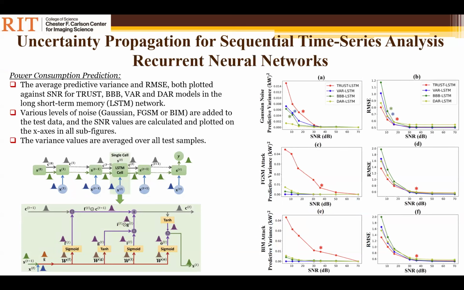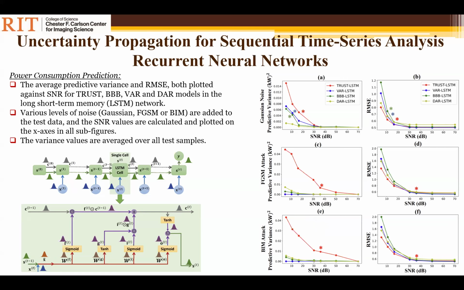Most of the experiments that we talked about were on imaging data, where we have convolutional neural networks. So here we wanted to extend the work to sequential data, where we use long short-term memory, which is a type of recurrent neural network with a gate structure. The dataset was for power consumption and prediction. We ran similar experiments, except that here we don't have accuracy. We usually use root mean square error to check the performance of the model.